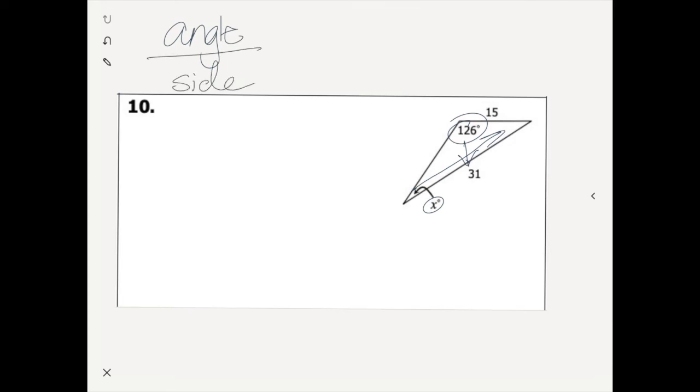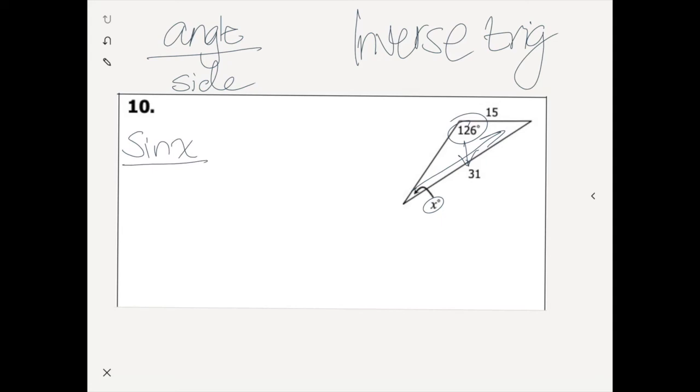And again, x is an angle this time. So we're going to use inverse trig. So we're going to have the sine of x over 15 is equal to the sine of 126 over 31.